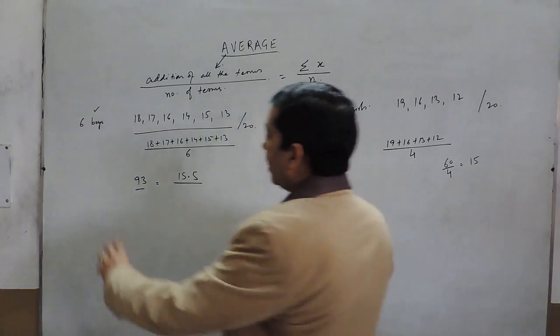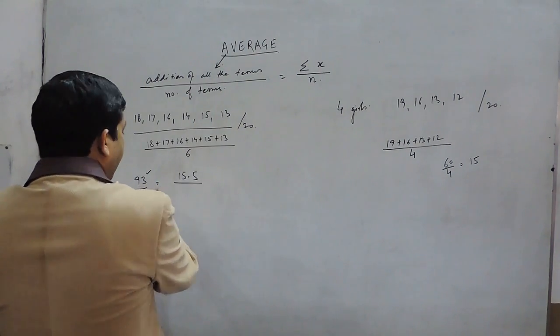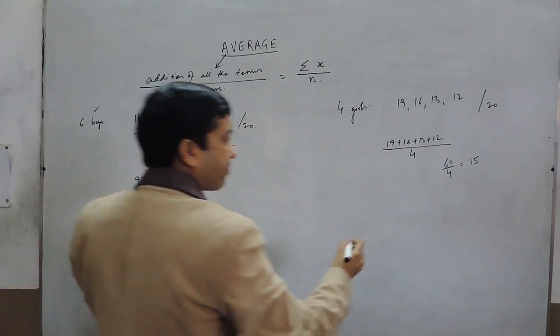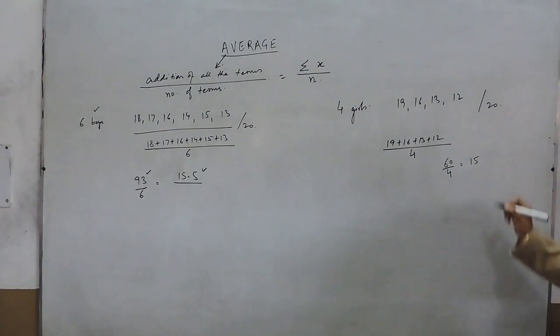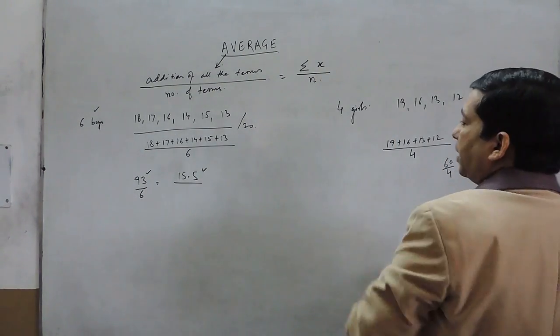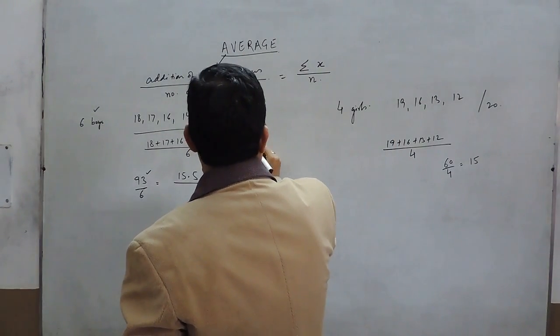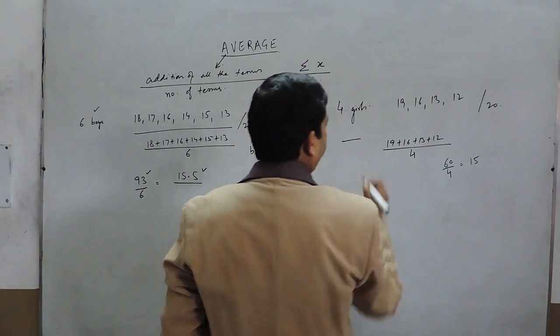So the total sum of the 6 boys' marks is 93, and when we divide it by 6 it comes out to be 15.5, whereas in the case of girls the total marks are 60, which divided by 4 comes out to be 15. It means the boys' performance is better than the girls' performance.